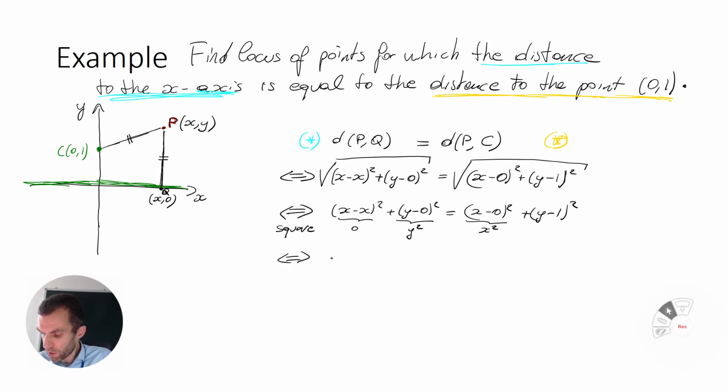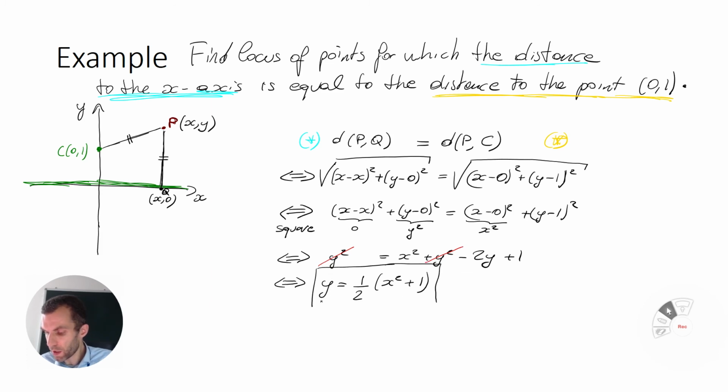And now if you work this out, you get y squared is equal to x squared plus y squared minus 2y plus 1. The y squared cancels, and if we clean this up a bit, we get that y is equal to 1/2 x squared plus 1/2.